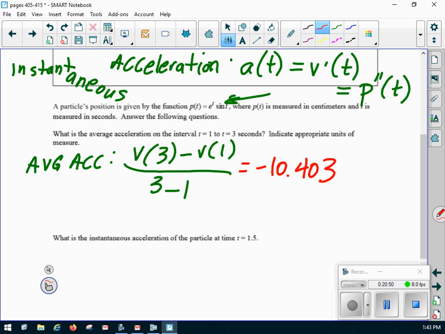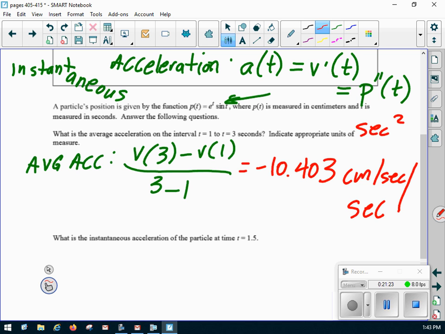Abby, have you been able to get this number? Yep, I realized I did the Y1. Oh, okay. What units would be on this then? Centimeters per second is the velocity, but we're taking the derivative of that, so it's per second per second. The reason I don't write it as per second squared, you can do it.